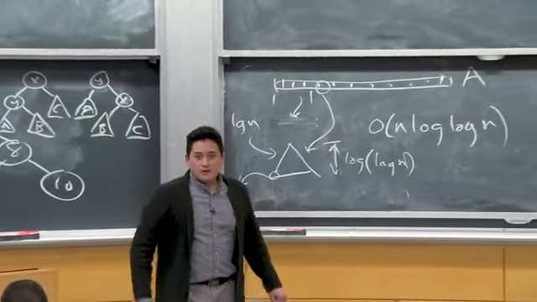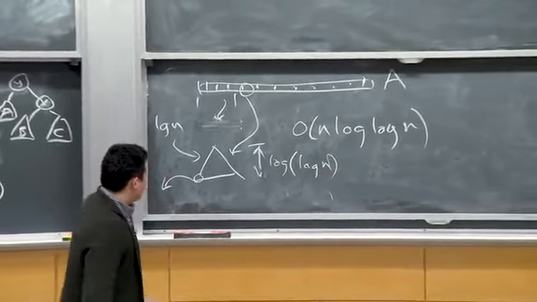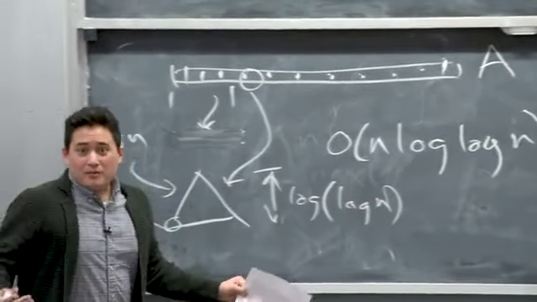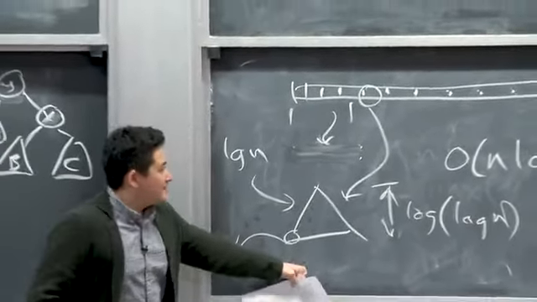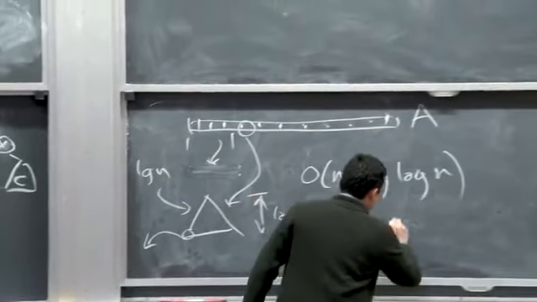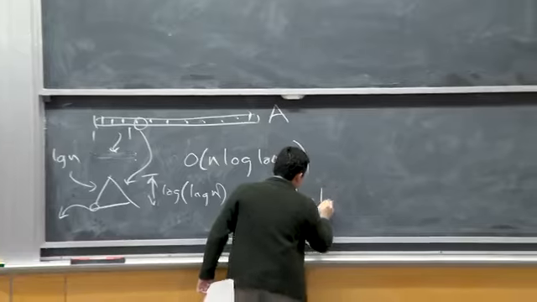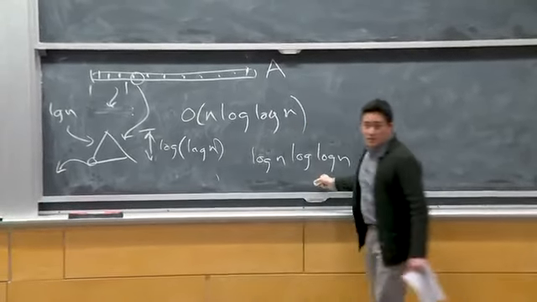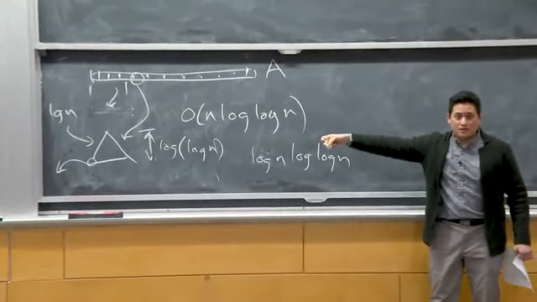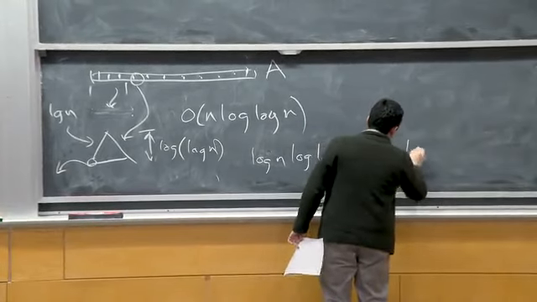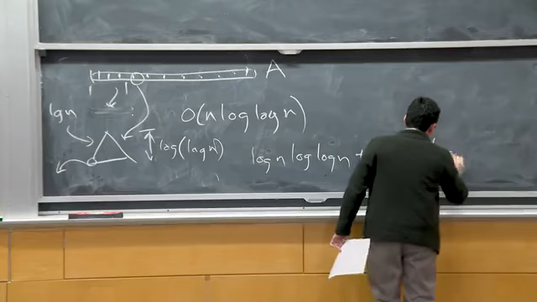Could you go to the total runtime? Total runtime here, it's bookkeeping. It took me log n times log n time to build this data structure at the beginning, plus n times log n.